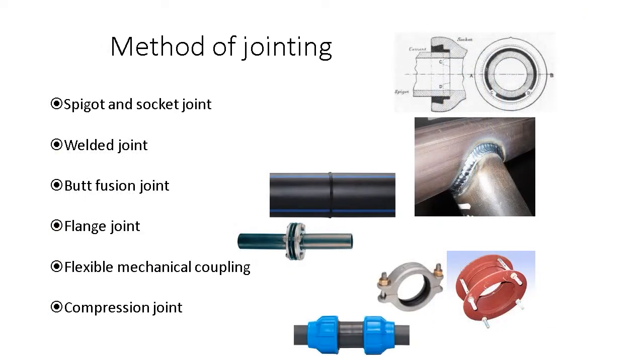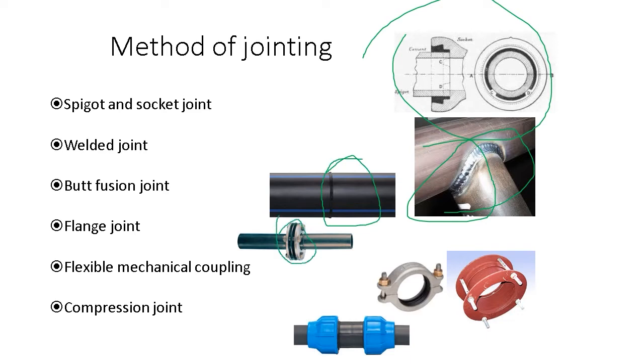There are 6 methods of jointing, which are spigot and socket joint, welded joint, butt fusion joint, flange joint, flexible mechanical coupling, and compression joint.